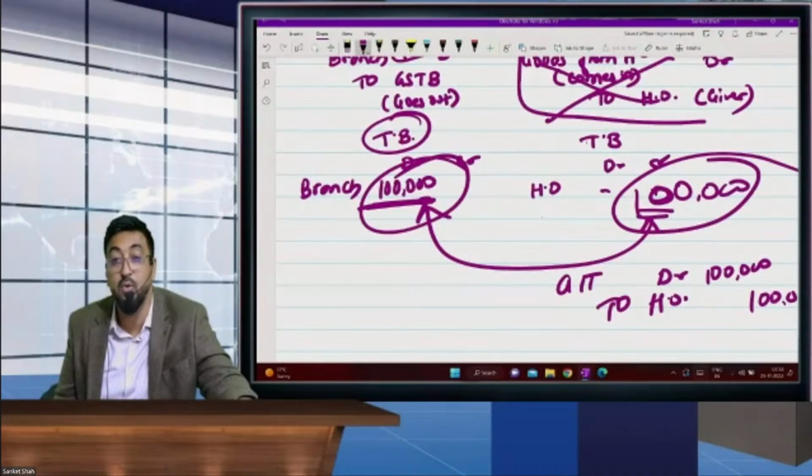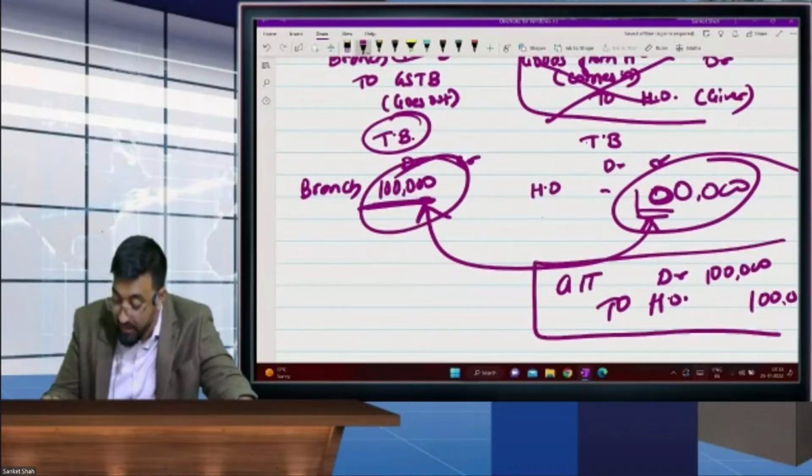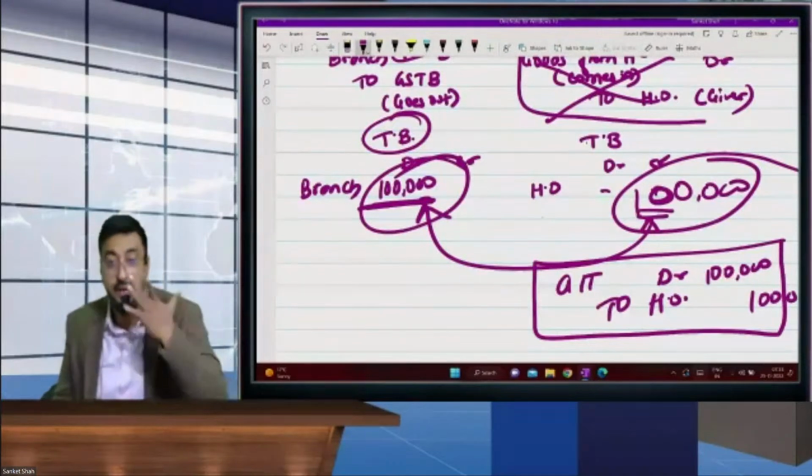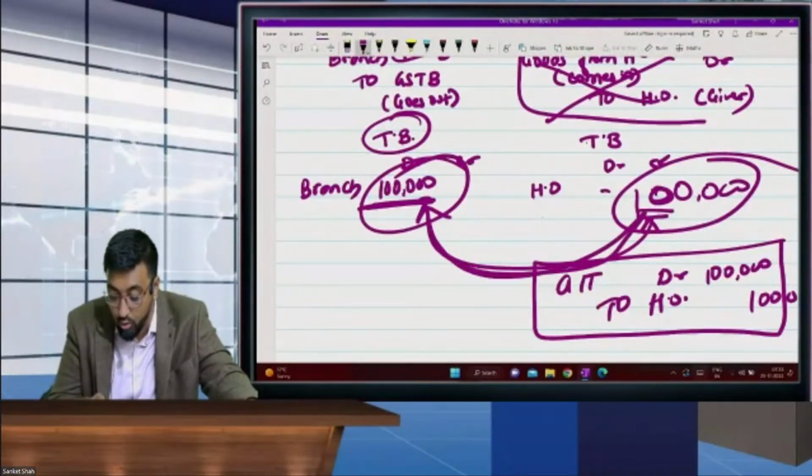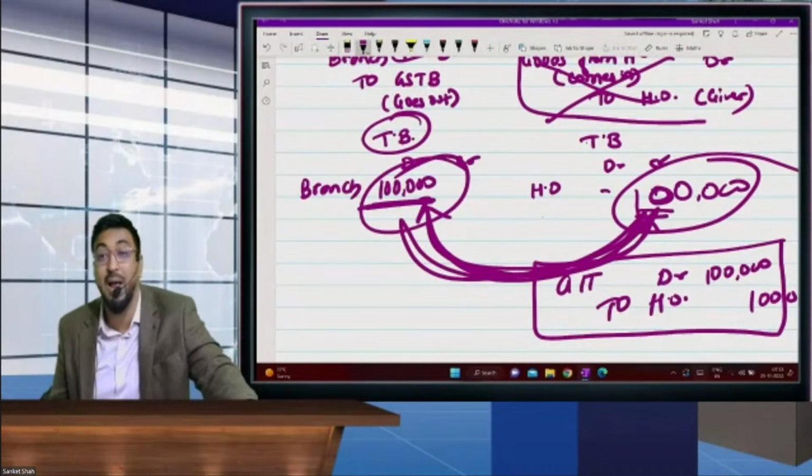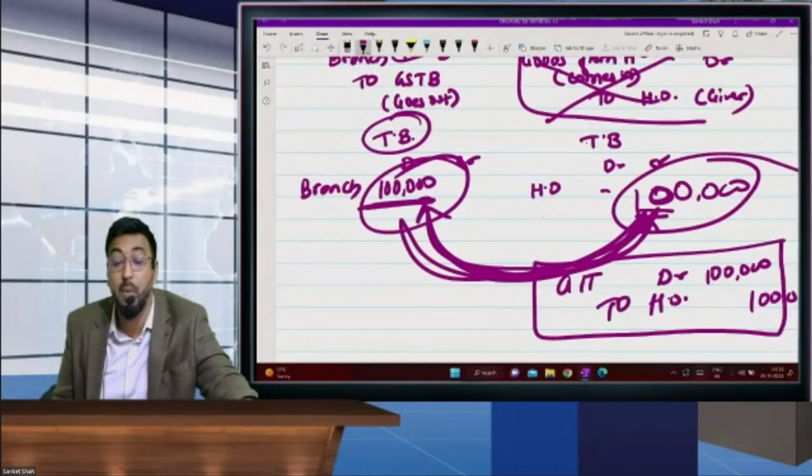It means now your books are showing same balance. So this entry is called as reconciliation entry, and this is called as RICO, to show same balance. If balances are not matching, we have to pass RICO entry.